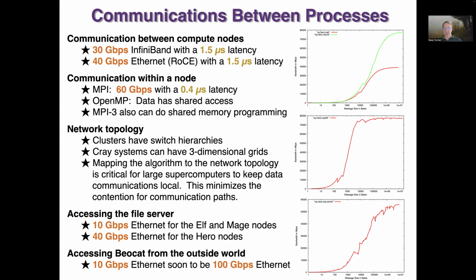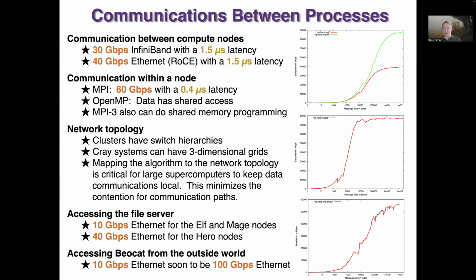The diagrams on the right are some communication benchmarks from the NetPIPE benchmark that I've developed over the years. This shows that for small messages, the bandwidth is very small because it's dominated by the fact that there's about a 1 microsecond latency between compute nodes.